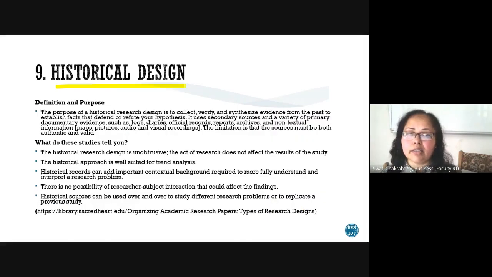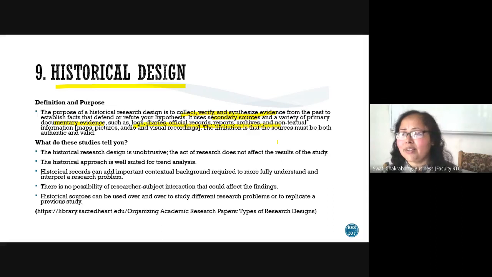Ninth is historical design, the purpose of which is to collect, verify, and synthesize evidence from the past to establish facts that either defend or refute your hypothesis. So it uses secondary sources and also a variety of primary documentary evidence such as logs, diaries, officials' records, reports, archives, non-textual information, right?